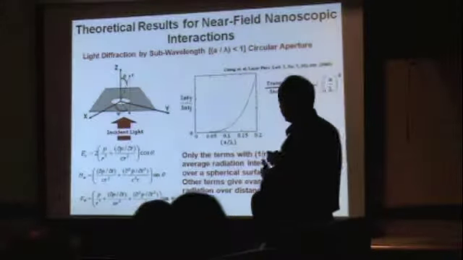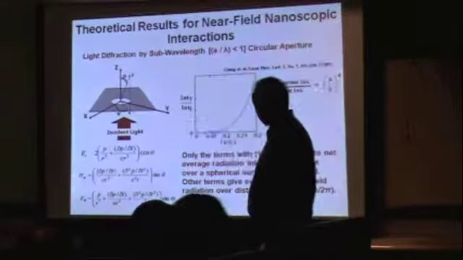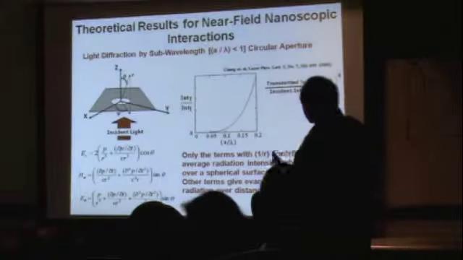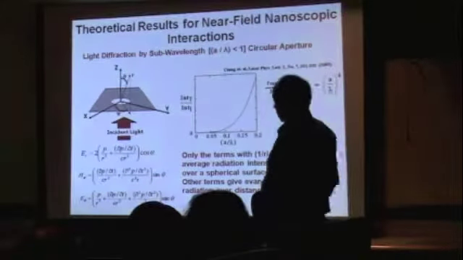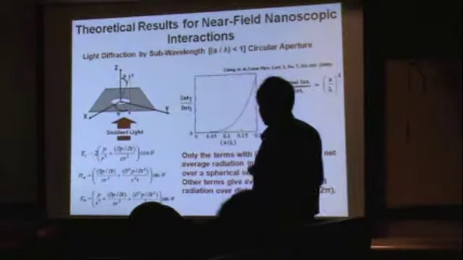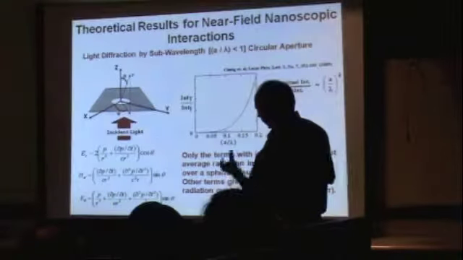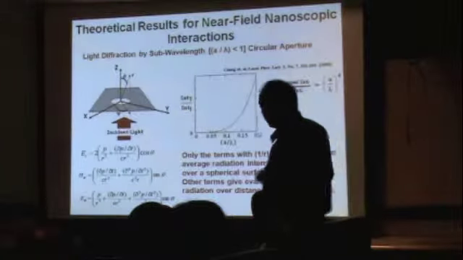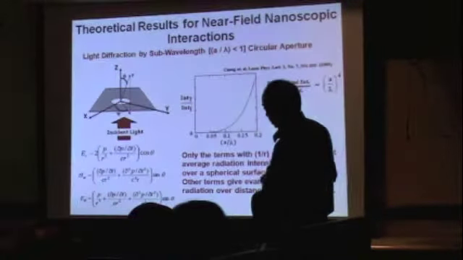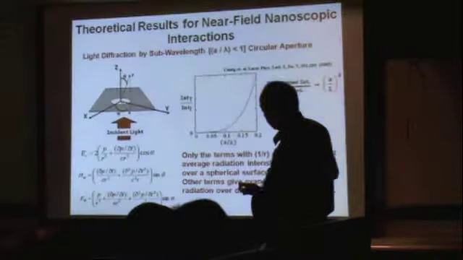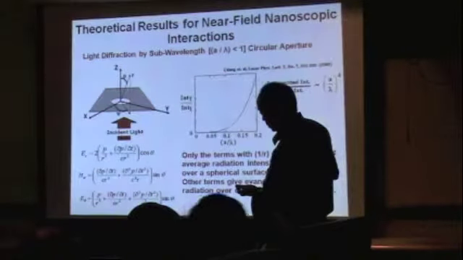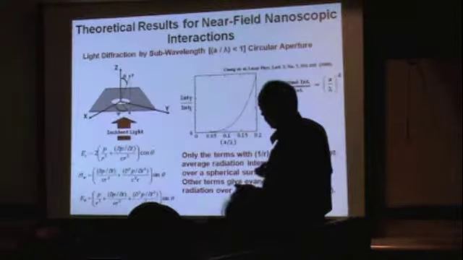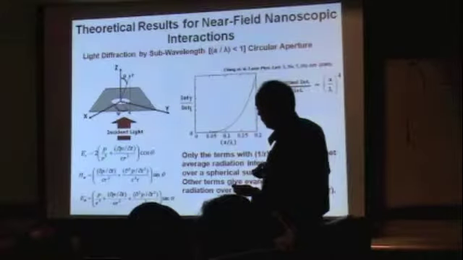So this is basically the far field light that is being radiated away from the aperture. Almost nothing comes out. But if you look very close to the aperture and analyze what the electric and magnetic fields look like, you will see that they have all these components. Some components of the electric field fall off as 1 over r, and others fall off as 1 over r squared, 1 over r cubed.